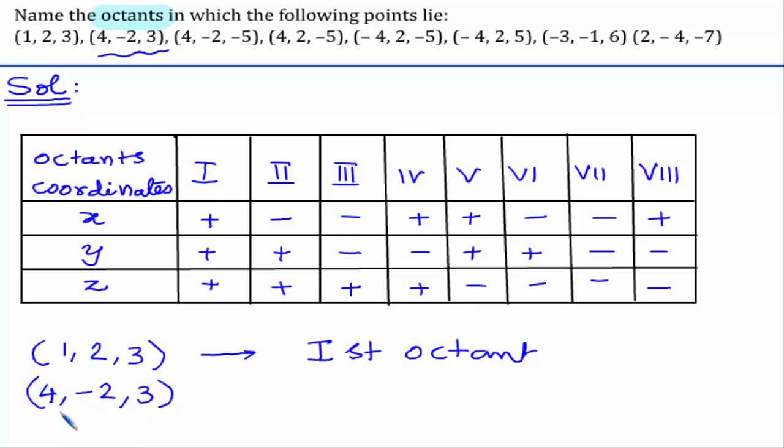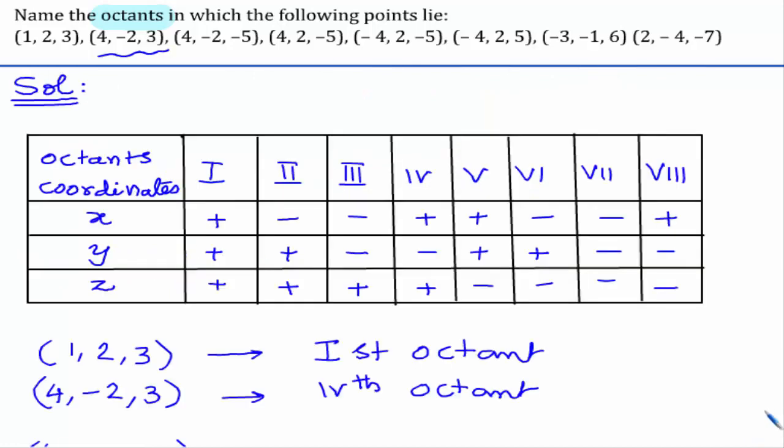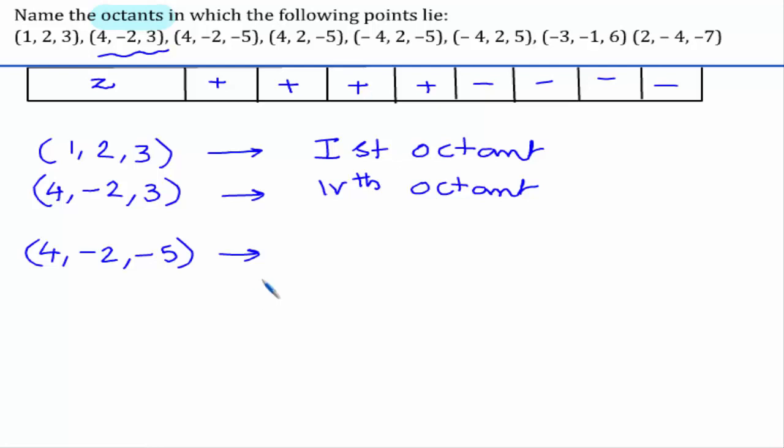So here x and z are positive, and y is negative, which is the fourth octant. And now the third one is (4, -2, -5). That is, x is positive, y and z are negative. You can see that it is in the 8th octant.